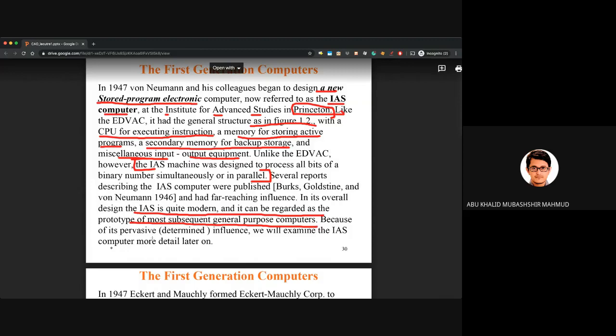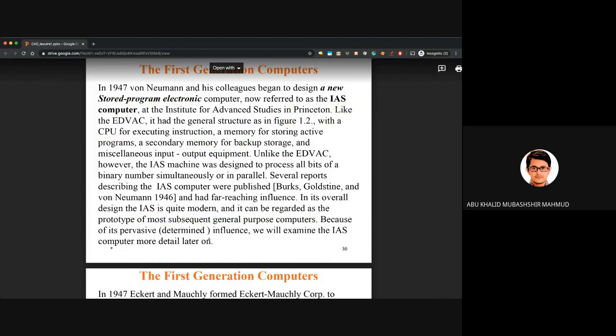Because of its pervasive influence, we will examine the IAS computer in more detail later on. Yes, we will do so. So let's move on.